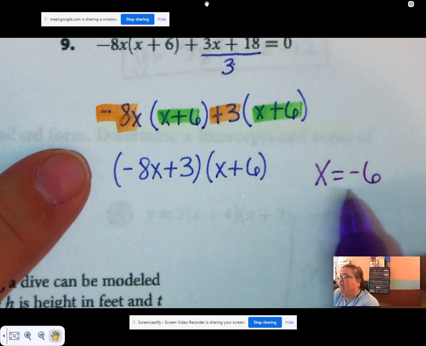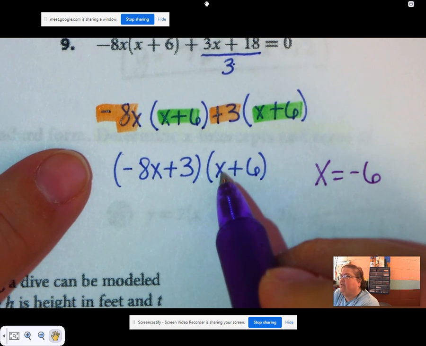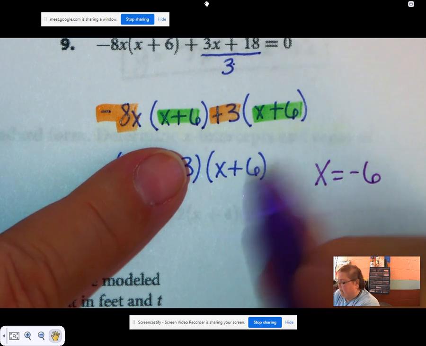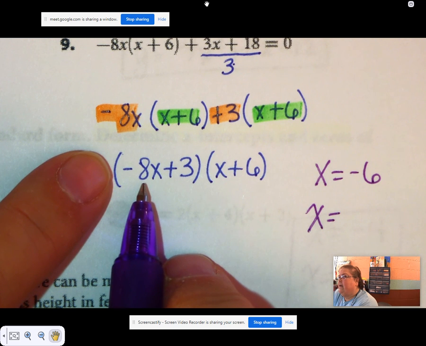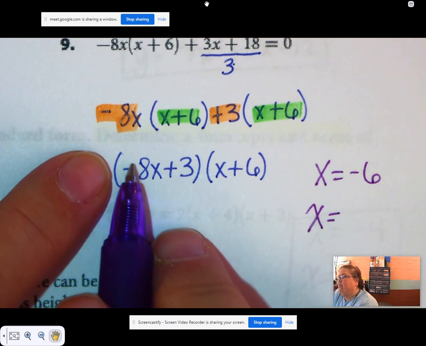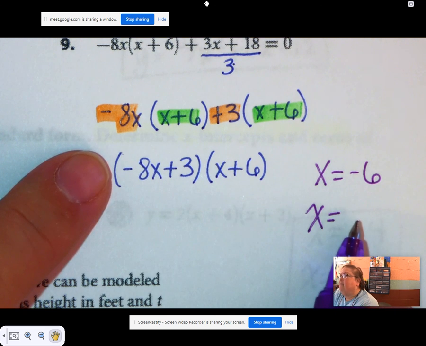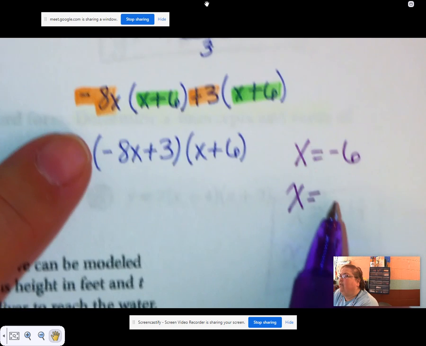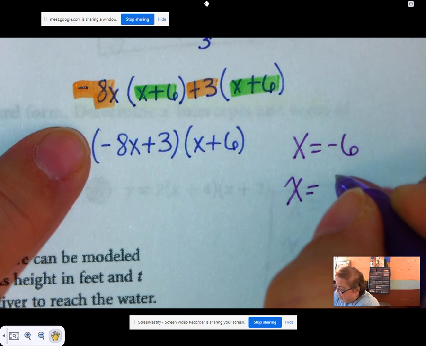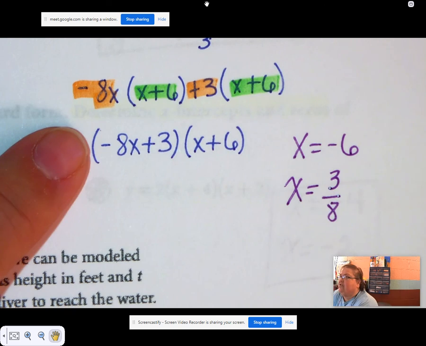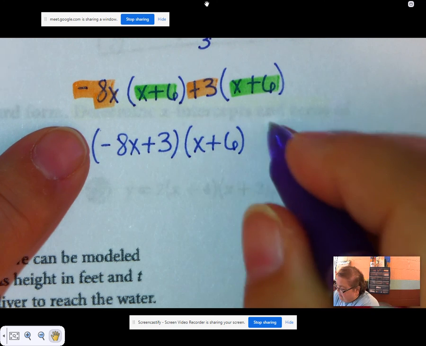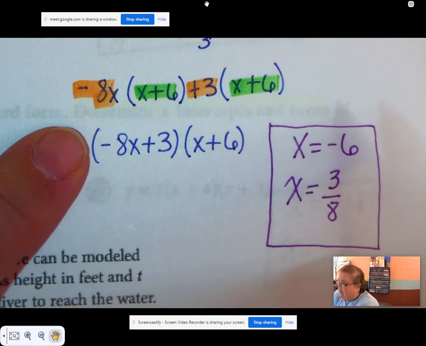So that one is -6. I need a -6 here in order to make this one a 0. My second one, I've got a negative, so what's the answer got to be? Positive. What over what? 3 over 8. Constant over coefficient. And that's the answer. Leave it as a fraction.